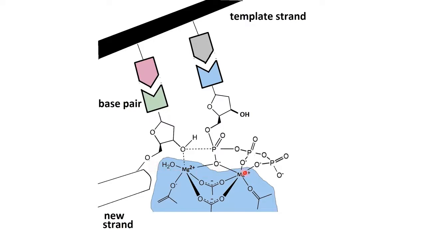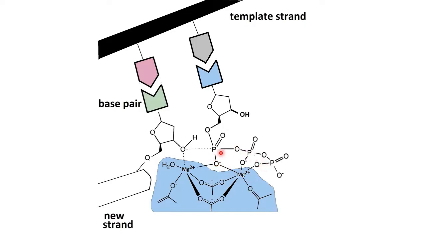This bit in blue is just a small part of the enzyme, and you can see it involves a bunch of carbon and oxygen atoms from the protein molecule, but also a pair of magnesium ions which are hooked up to the protein molecule in the active site. Those magnesium ions are crucial because they form a bunch of interactions with the triphosphate group.